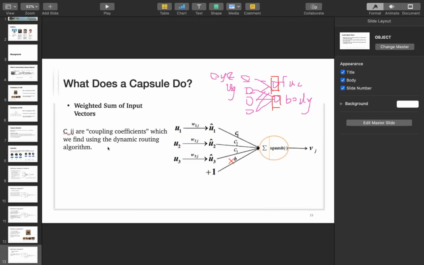Yeah, but they designed the specific dynamic routing during the training process to manually adjust the weights here, the weights of C1, C2, C3. So this weight is adjusted in every training step.